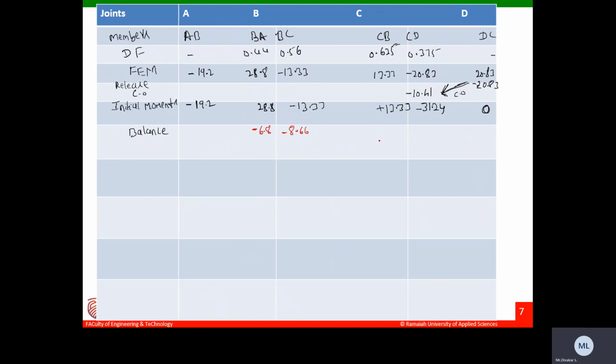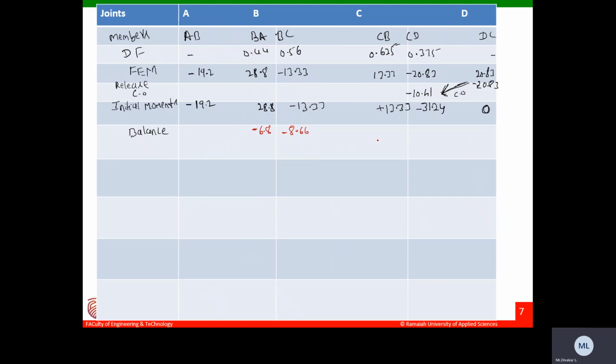Similarly, here we need to do it. What do I need to do here? Plus 13.33 minus 31.24. It's a minus 17.91.